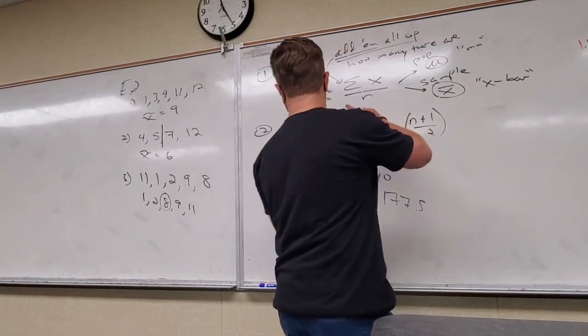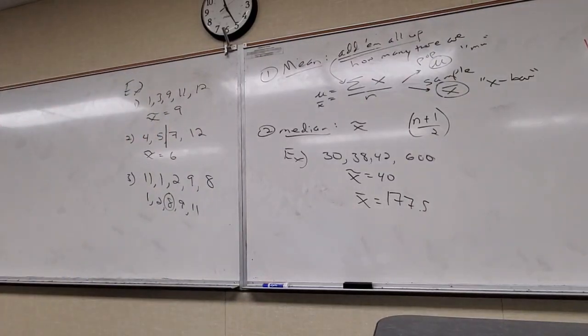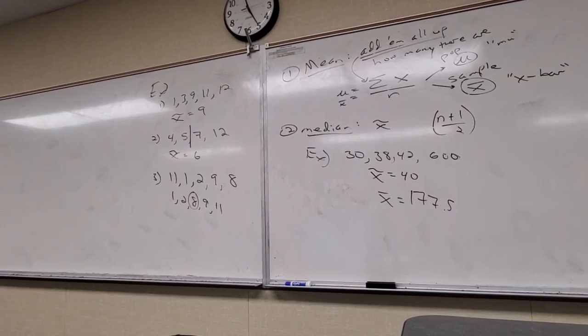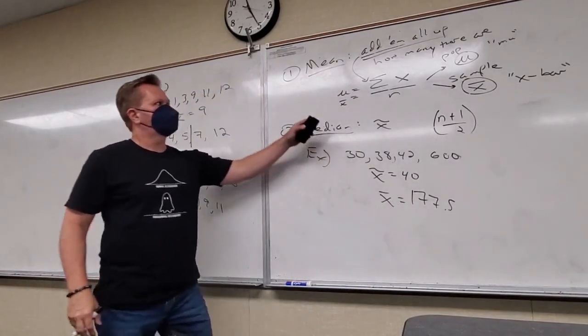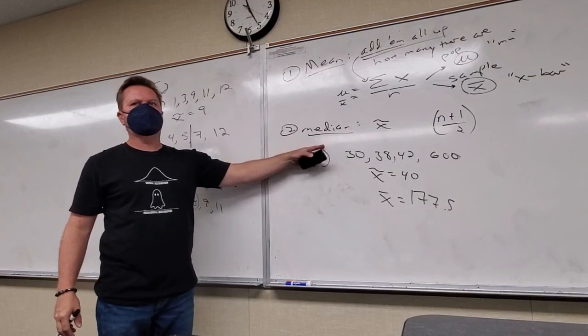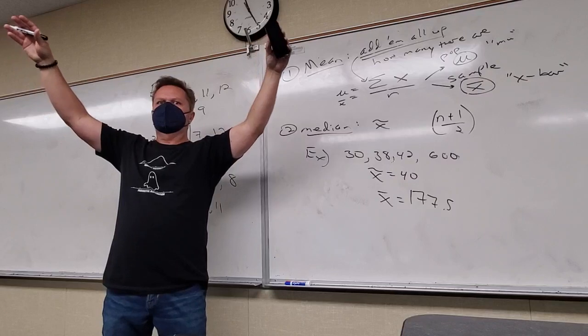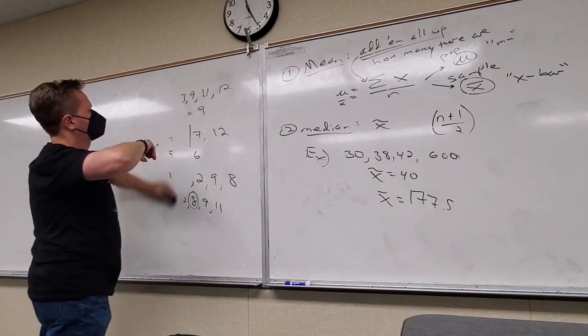There is another measure of center. There's actually two more. One of them I'll show you, but it's not that big of a deal. What kind of data works with mean and median? What are the two main types of data, the big two? Starts with the letter Q. Quantitative.